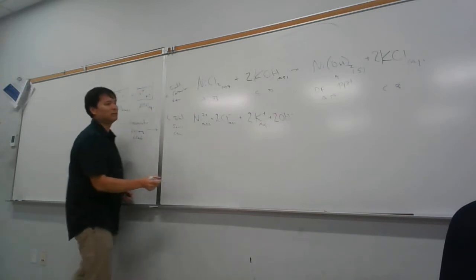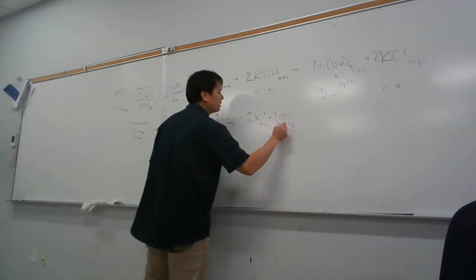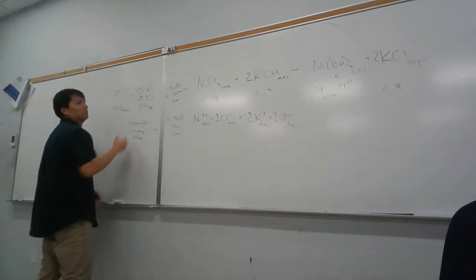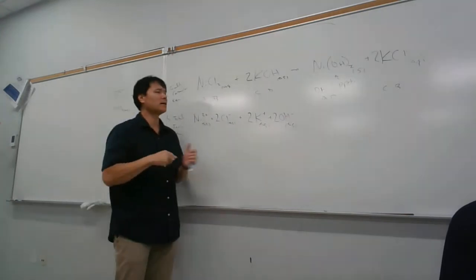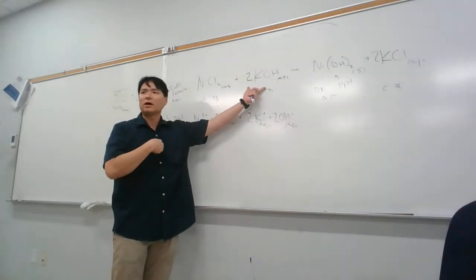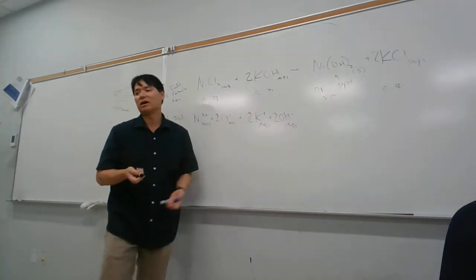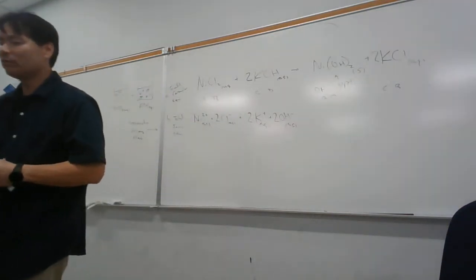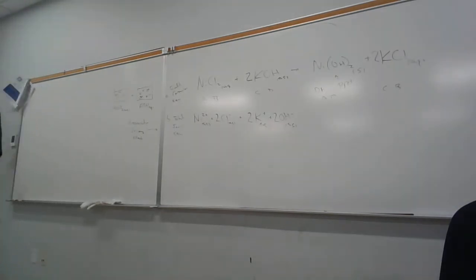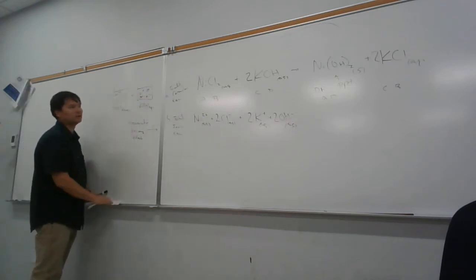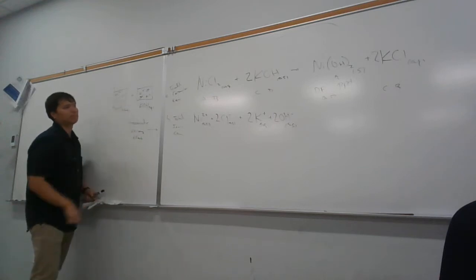And I'm going to have aqueous hydroxide ions, floating around here. But potassium hydroxide, is that a molecular compound or an ionic compound here? This is an ionic compound that forms an ionic lattice. When you put that ionic lattice in water, the water molecules pull it apart because it's soluble. And so I'll have that.